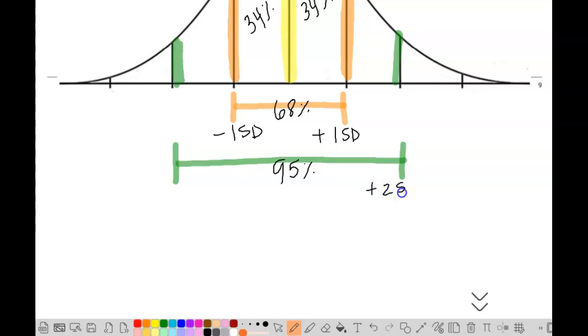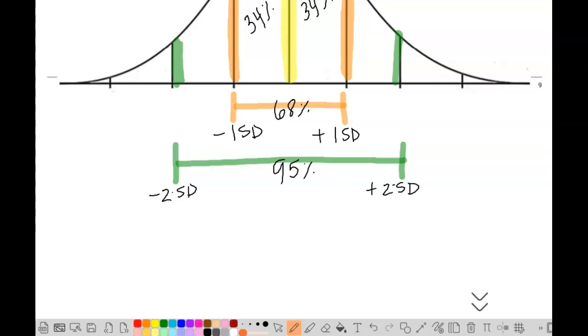Plus 2 standard deviations and minus 2 standard deviations. I would just multiply it that way, it's faster, instead of writing the number twice. Okay.